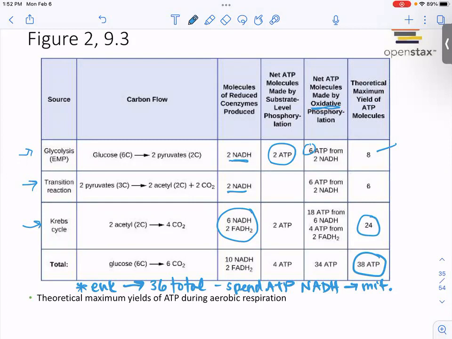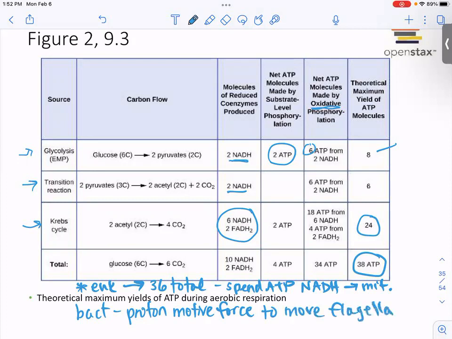But even for bacteria, I emphasize theoretical, because bacteria will use that proton motive force that's generated for other things besides making ATP. Bacteria use that proton motive force for a couple of things. One, to move their flagella.